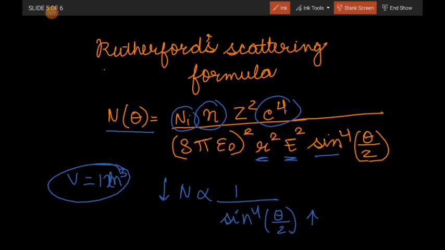Means most of the alpha particles pass directly. The nucleus is so small that most of the alpha particles are scattered at lower angles. But at greater angles, some of them move like this or like this, and this number is less because the nucleus is very small.